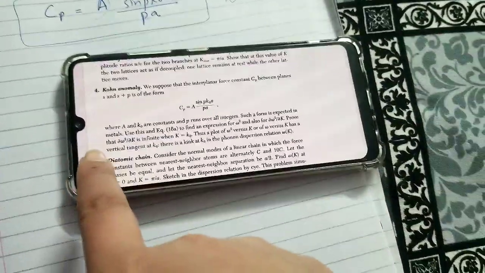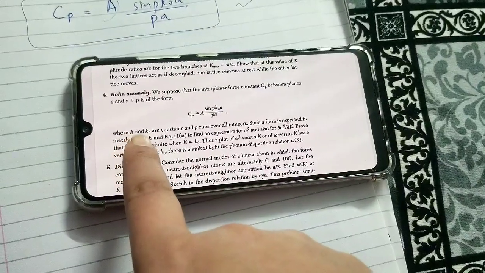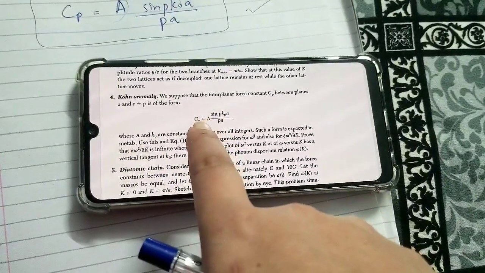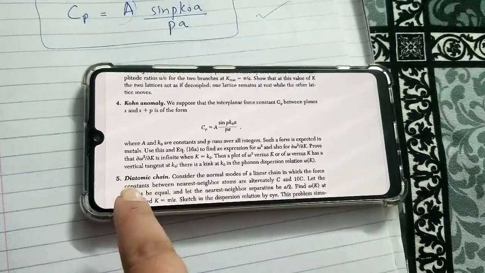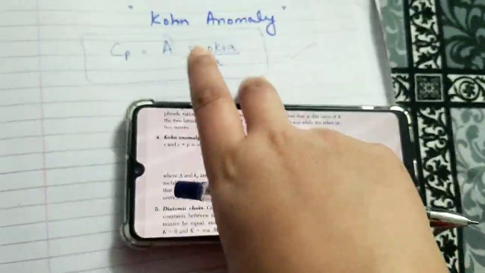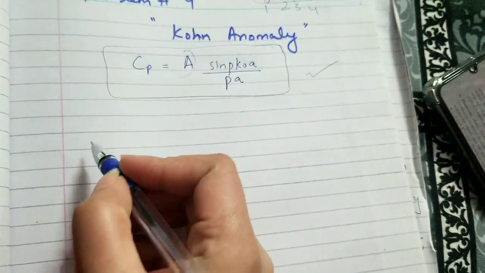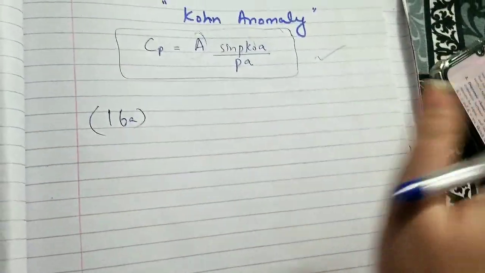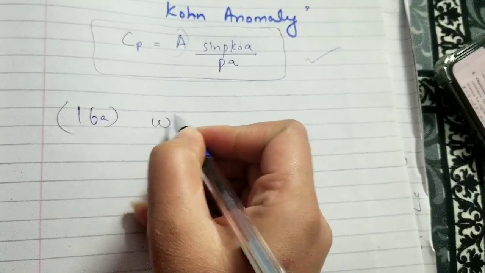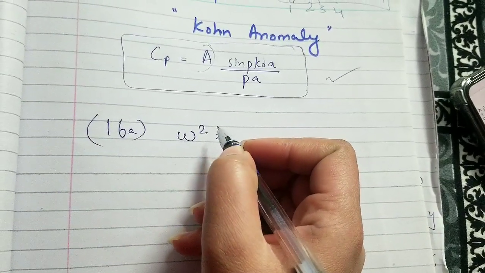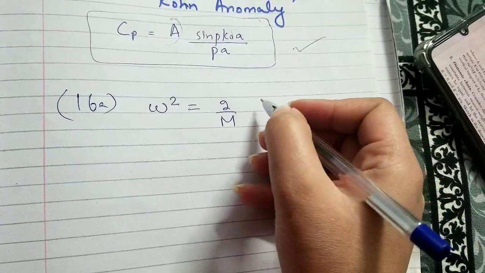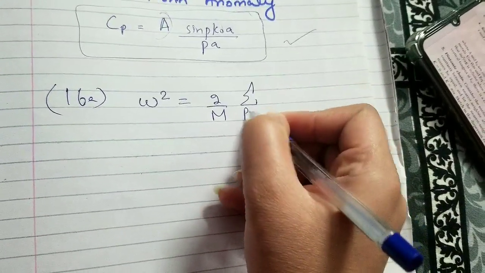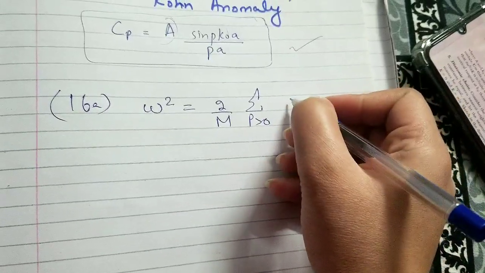It was experimentally verified, and using this form of force constant and equation 16a, which is available in the book, you can refer to that article where the expression for the force constant of a metal lattice is given.